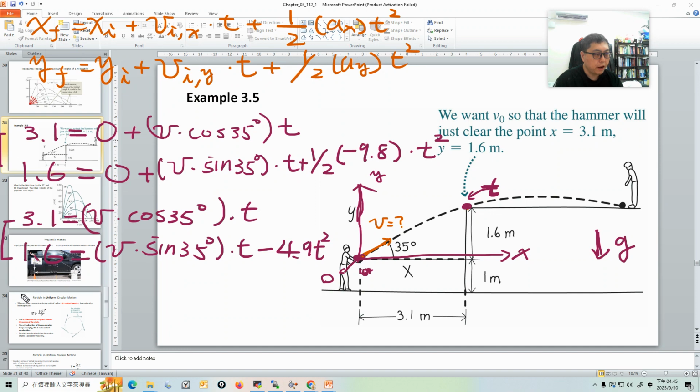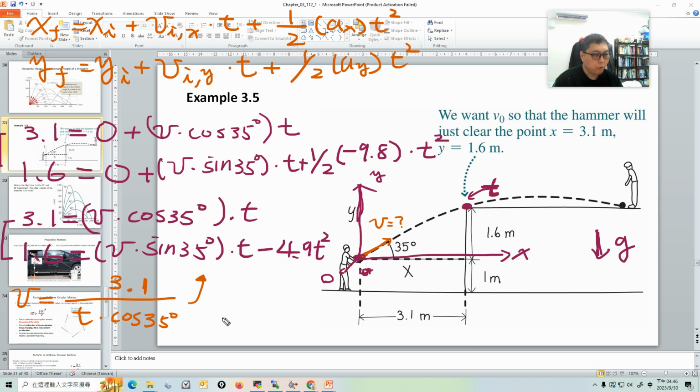From equation 1 we have v equals 3.1 over t times cosine 35 degrees. That's v. So you plug it into the other equation.